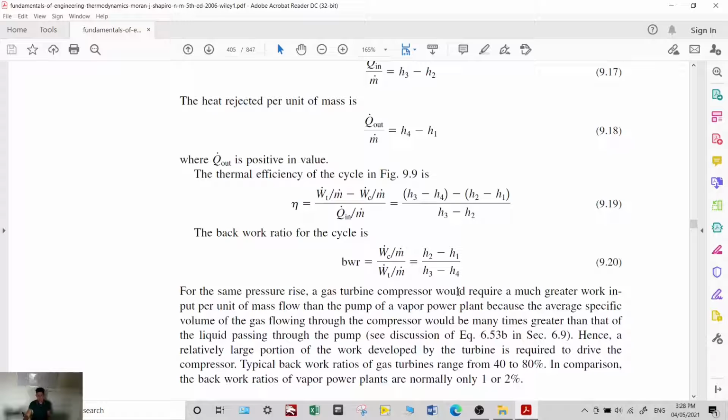Now, if you are interested in getting the back work ratio for the cycle, this parameter is useful if you want to compare one engine to another engine. The back work ratio is the work supplied to the compressor over the work output of the turbine, which is h2 minus h1 over h3 minus h4.